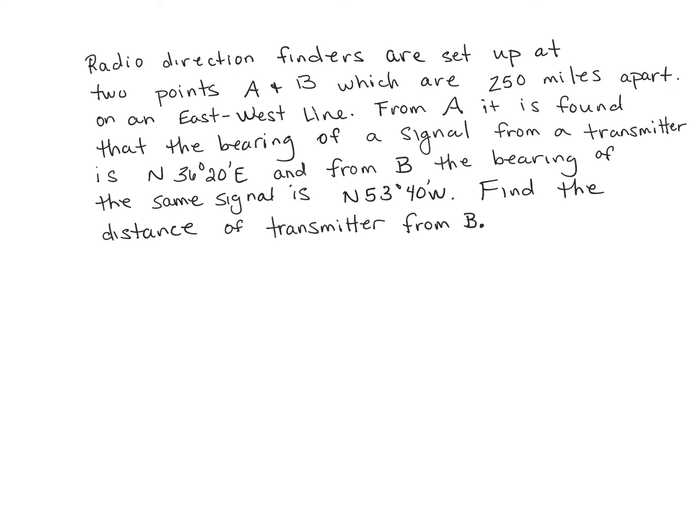So just as before, we really need a good picture to understand what's going on. So I'm putting my A and my B 250 miles apart, and I'm going to draw my little axes on both of these. So from A, it's found that the bearing is north 36 degrees 20 minutes east.